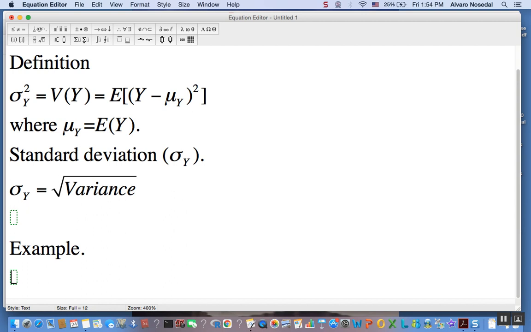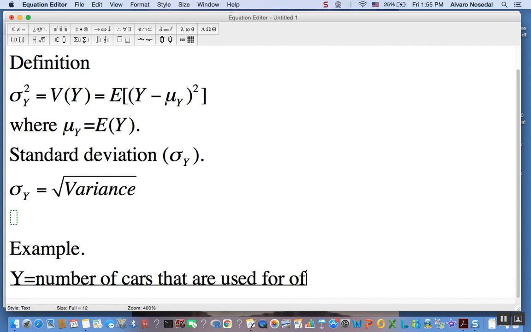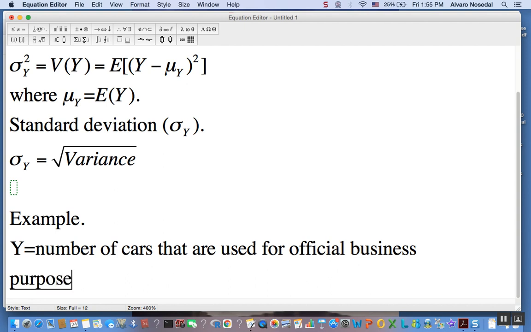In this case, the random variable that we're going to be interested in is y, and y represents the number of cars that are used for official business purposes on any given work day. Okay? So it is not always the same, so we have a random variable.